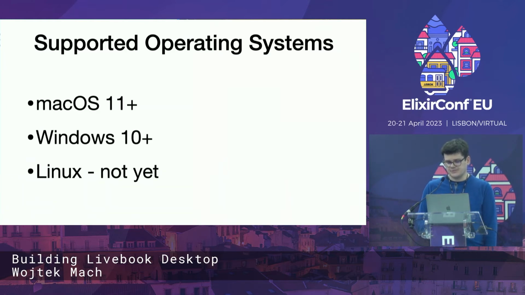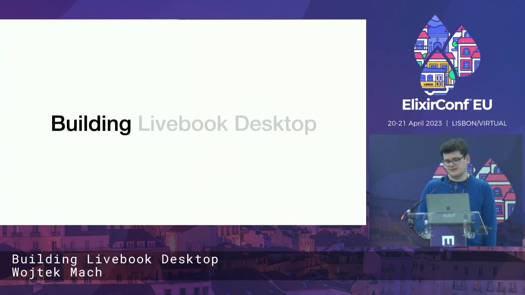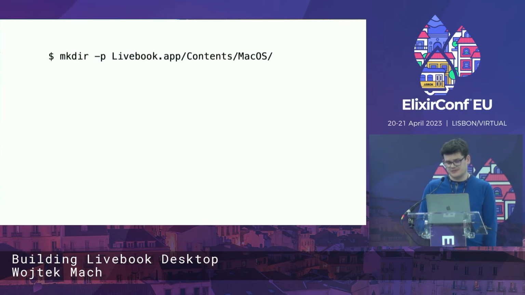All right, so building Livebook Desktop, we had to start somewhere, so this is where we started. I personally think it's pretty interesting. On Macs, application bundles are actually just directories with a particular structure. The folder ends with the .app extension, and there is a particular set of subdirectories.